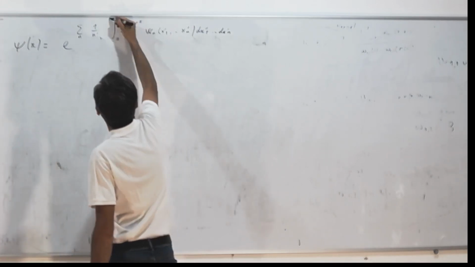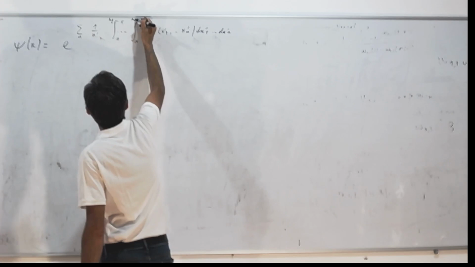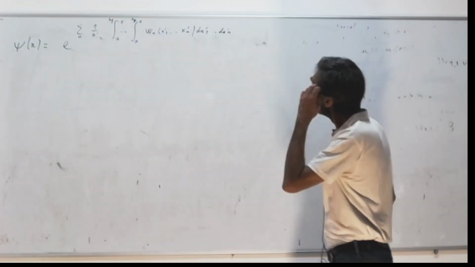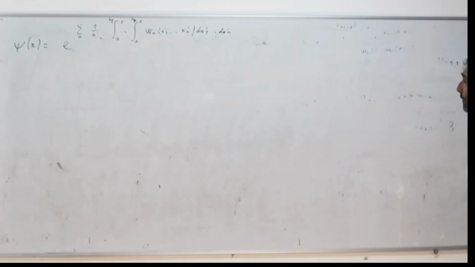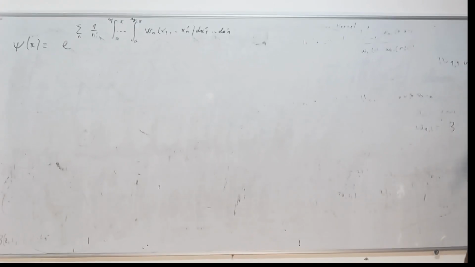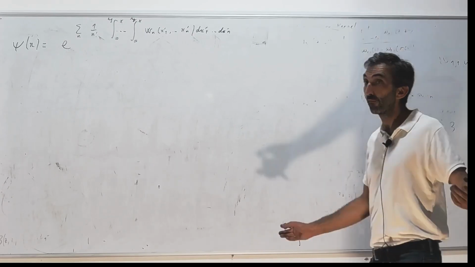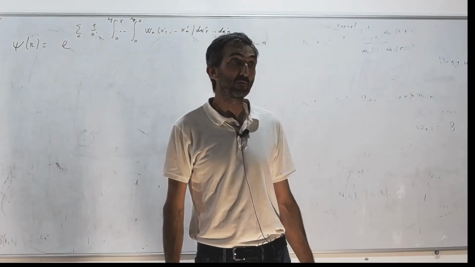And all of them are regularized. In fact, the regularization is important only for W1, for the cumulants. Only W1 is not integrable at infinity. W2, W3, and so on are all integrable at infinity, so they don't need regularization.